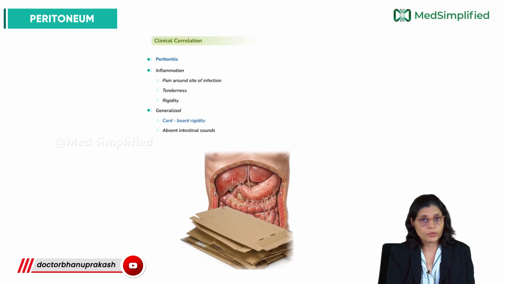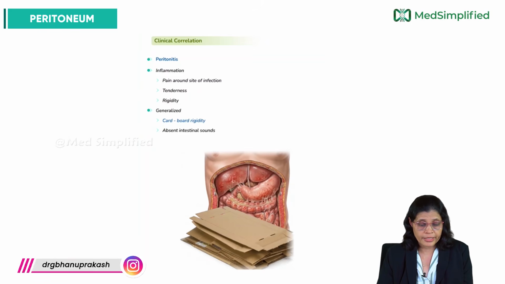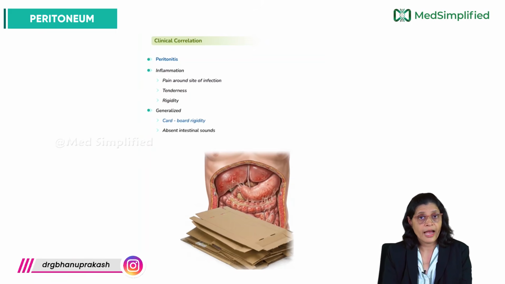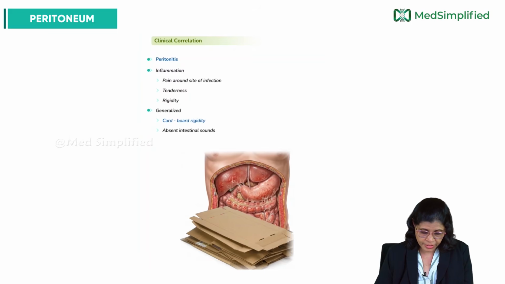So peritonitis. What is peritonitis? Itis is inflammation. So when the peritoneum is infected and there are signs of inflammation, we call it peritonitis. In peritonitis, we see severe rigidity, pain around the site of infection, and tenderness. This rigidity we call cardboard rigidity.